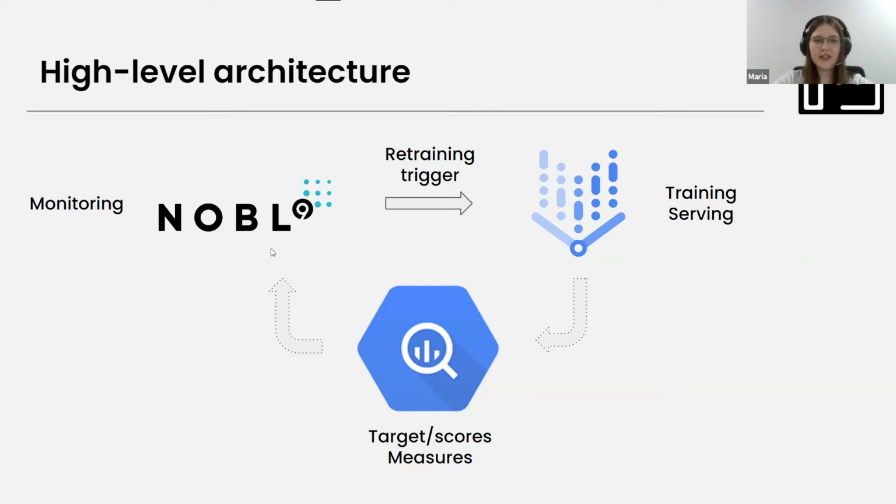And Nobl9 can trigger retraining if it's time for it, when the data, for example, deteriorates. When the model is retrained, it can be redeployed for serving, and then the path continues.